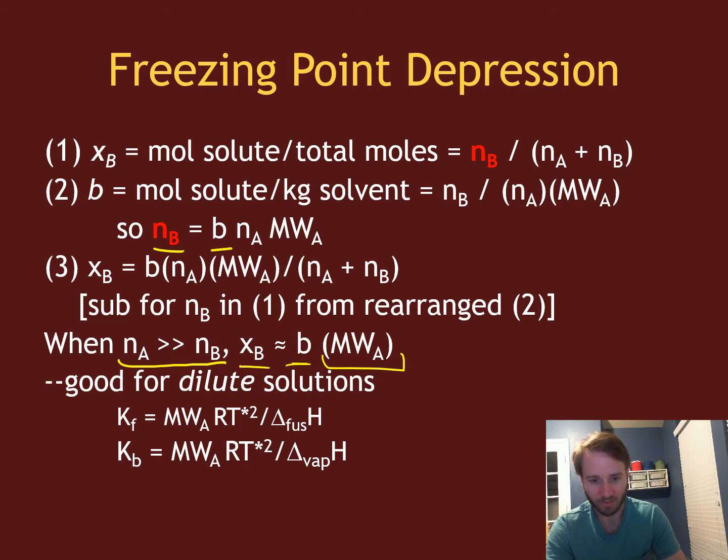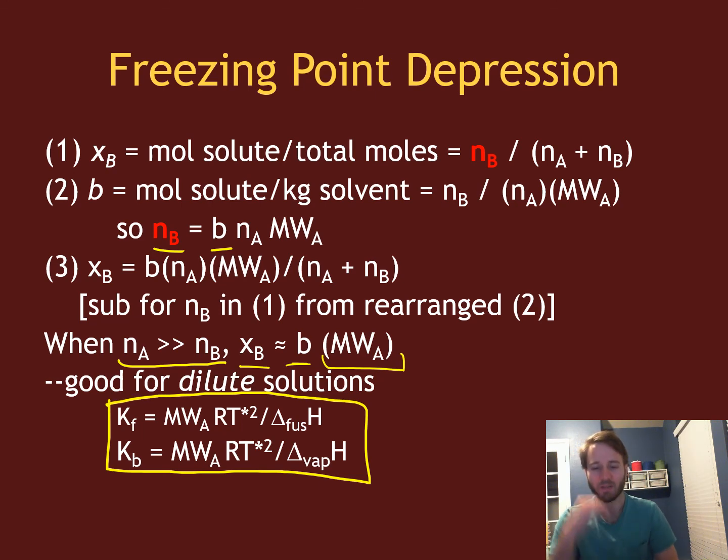And so these Kf and Kb's that we just see printed in tables are then given by these equations here: molecular weight of your solvent times the normal boiling or freezing points of the solvent, then divided by enthalpies of fusion or vaporization. And so these are things that you could calculate yourself, given these enthalpies and the normal freezing and boiling temperature for any solvent.